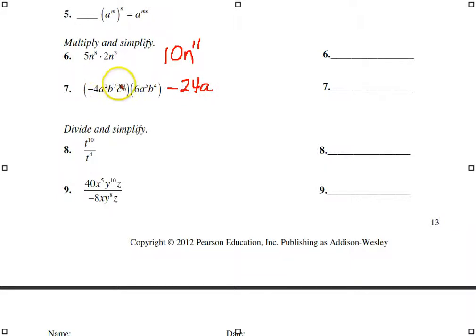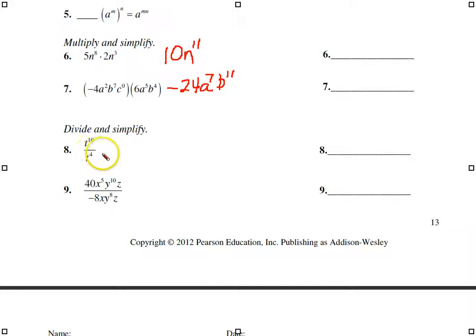A to the 2 plus 5 is 7. B to the 7 plus 4 is 11. And then since C is to the 0 power, and you may recall that anything to the 0 power is 1, we wouldn't write it.